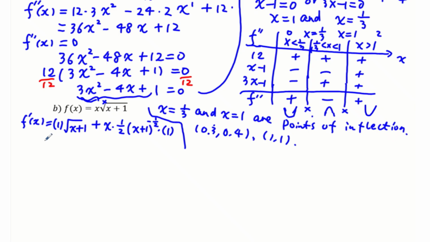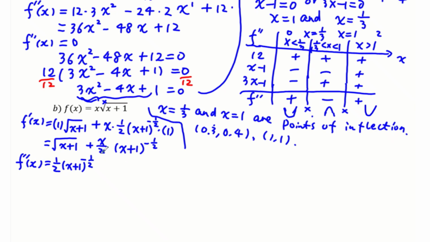Then rewrite it: square root of x plus 1 plus x over 2 times (x plus 1) to the exponent negative 1 over 2. Then double prime. So this is 1 over 2 (x plus 1) to the exponent negative 1 over 2. Then this is u times v again.